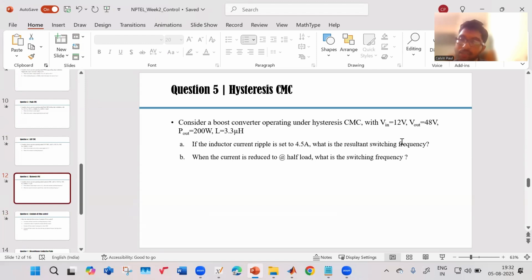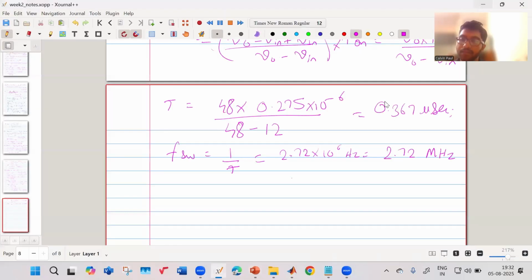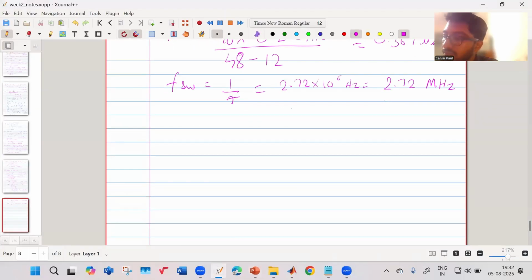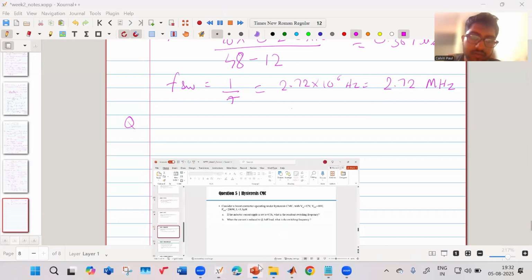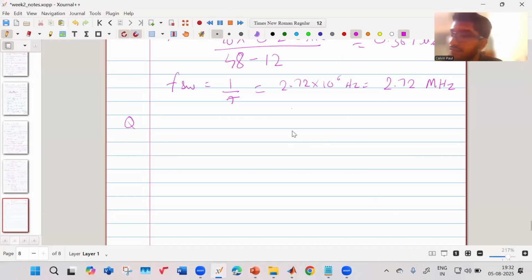What will be the resultant switching frequency? Okay. So we have this question 5, right? Question 5. Hysteresis current mode control. So what happens in hysteresis current mode control?